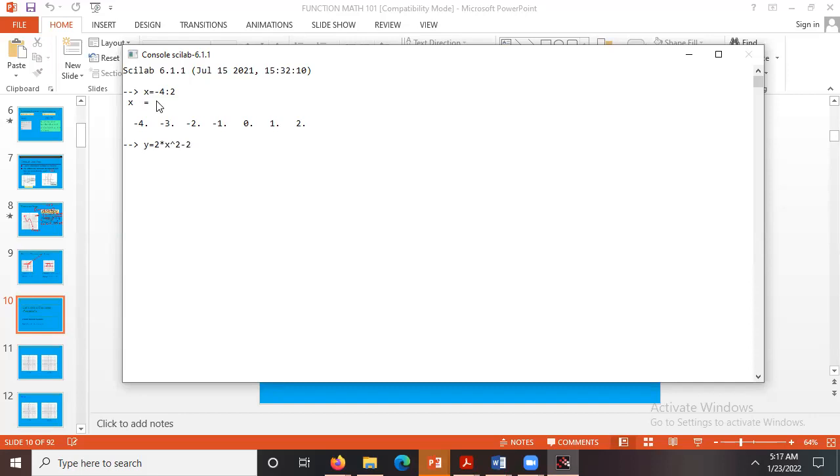That is the function we had. Once we type this and enter, we have the values computed for us.